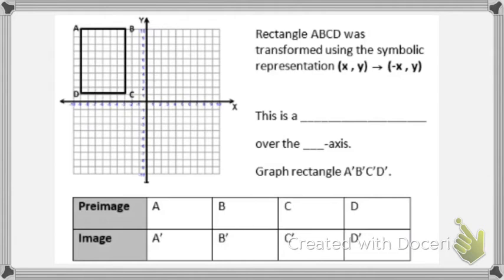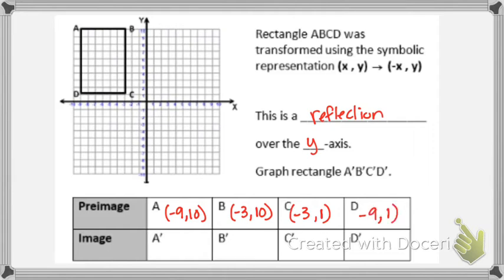This is a reflection over the y-axis, because remember, everything that had the x, like in the previous question, all the x's change the sign. So if we have these points, let's see, A is negative 9, 10, B is negative 3, 10, C is negative 3, 1, and D is negative 9, 1, right?